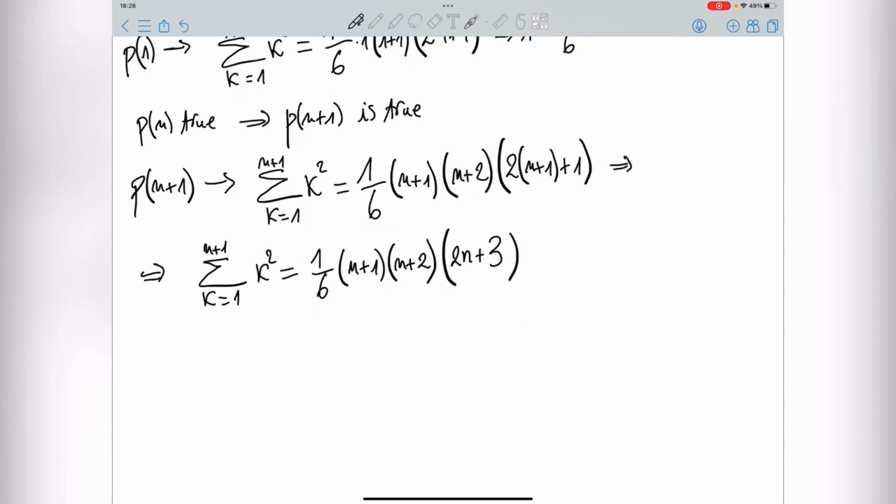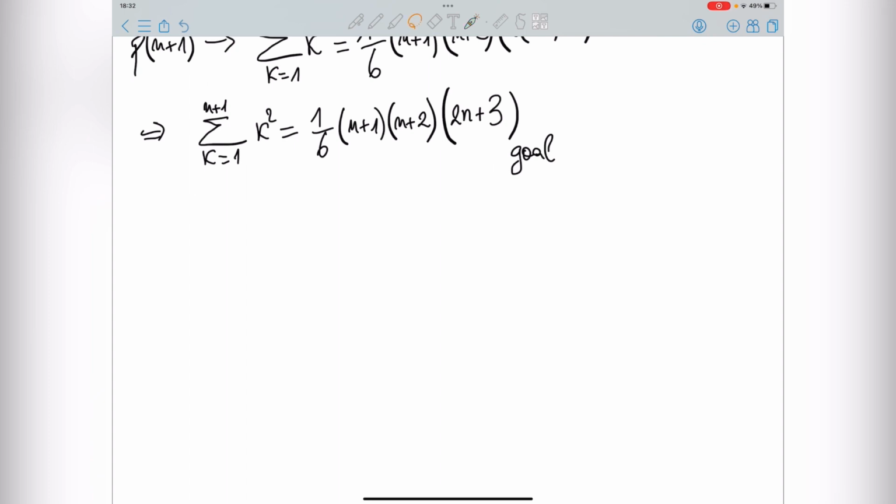So we need to prove that this P of n plus 1 is true. We're going to start with the left hand side, and our goal is to get the right hand side. If we manage to get the right hand side, then our proof is done. So this is our goal.